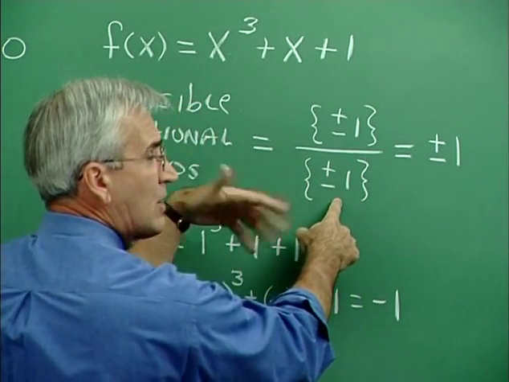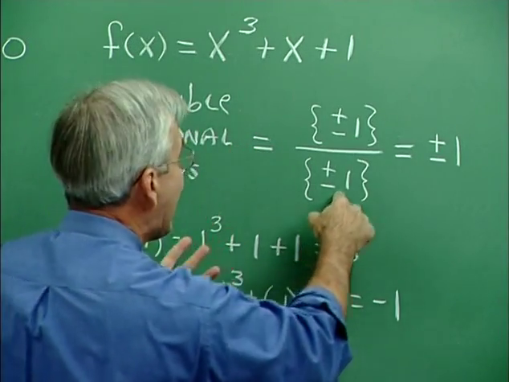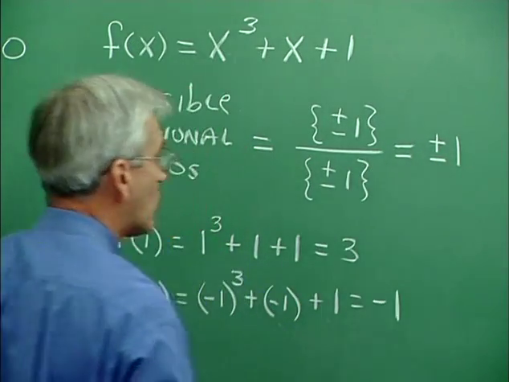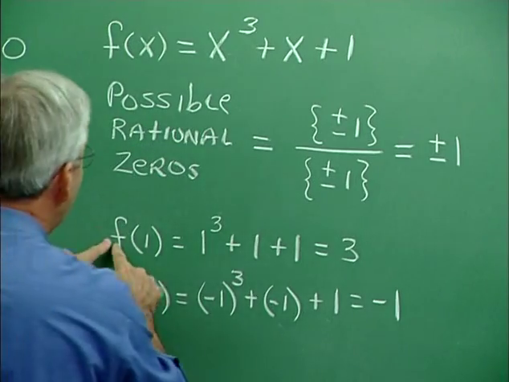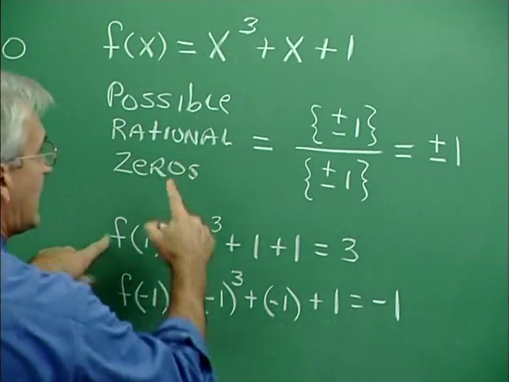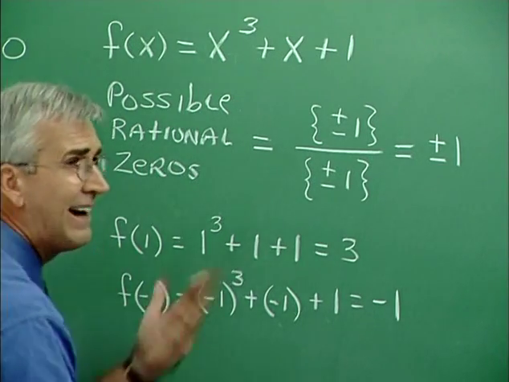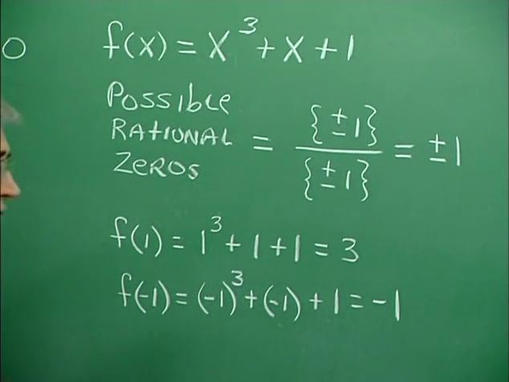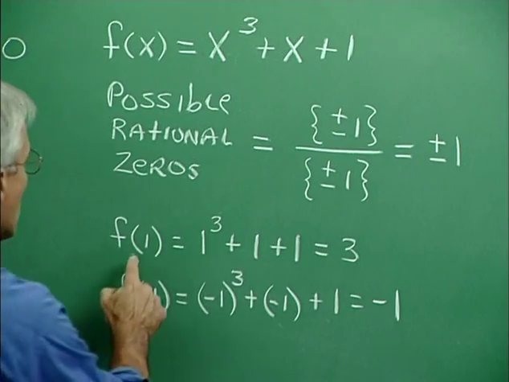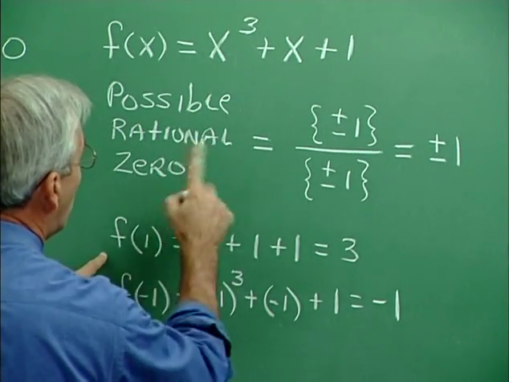So all of the possible fractions that can be made out of this would be plus or minus 1. Now, f of 1 turns out to be, and notice I'm evaluating f of 1 and f of negative 1 by hand because there's no sense in going through the synthetic division process for this purpose. It's just too easy. So f of 1 means replace x with 1 and evaluate.